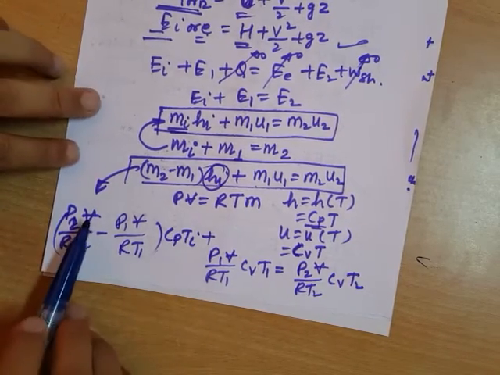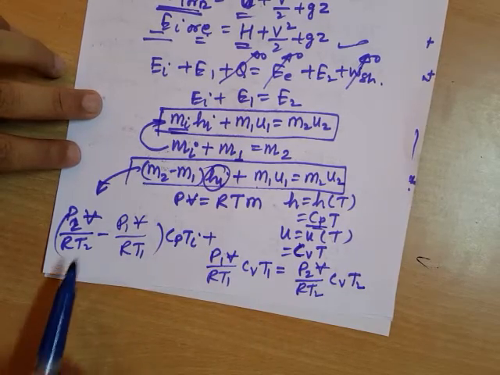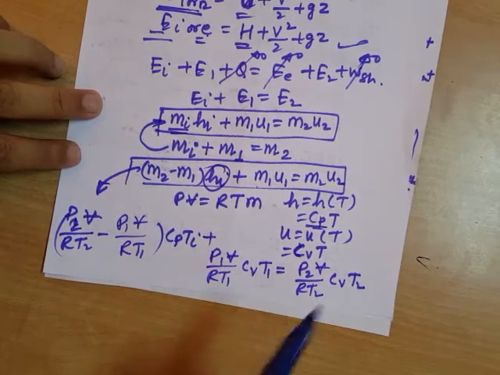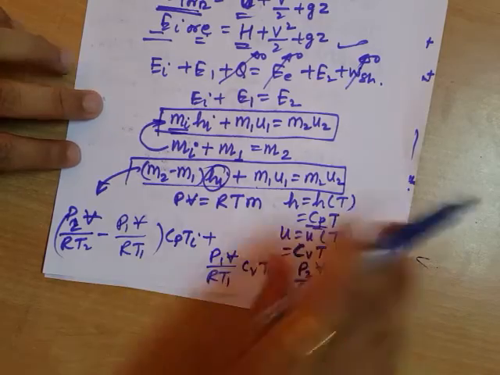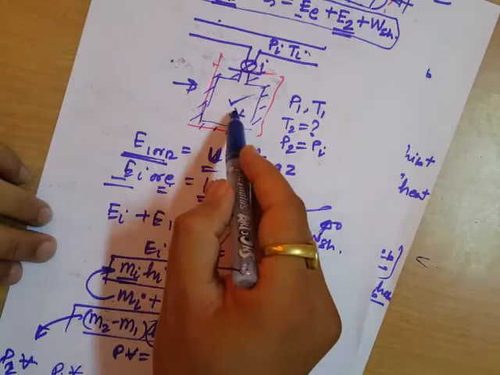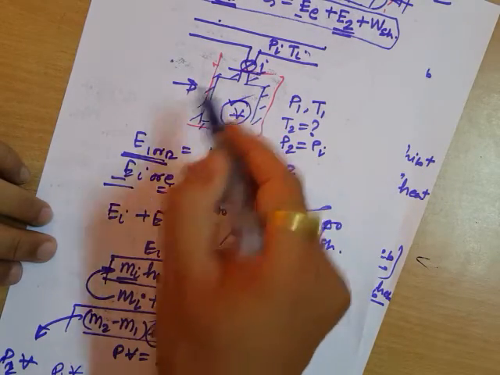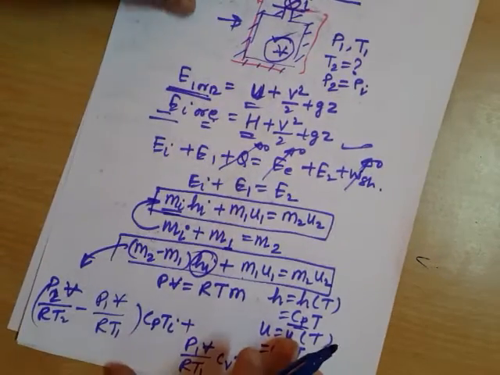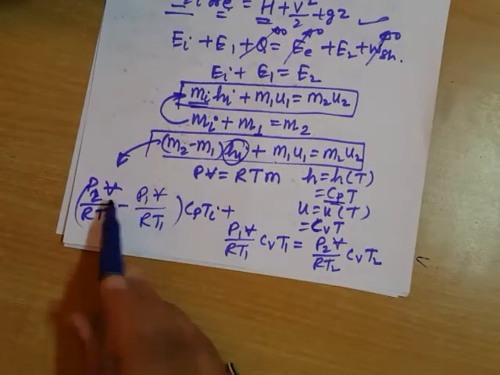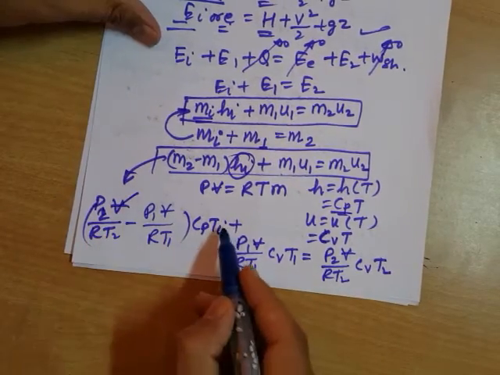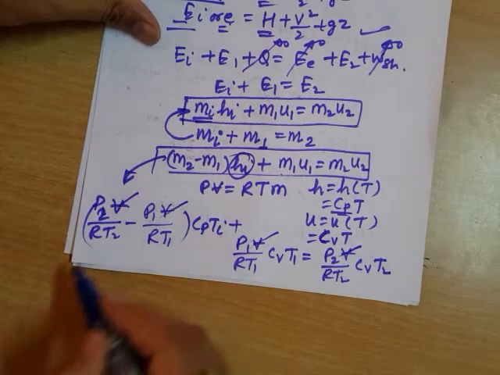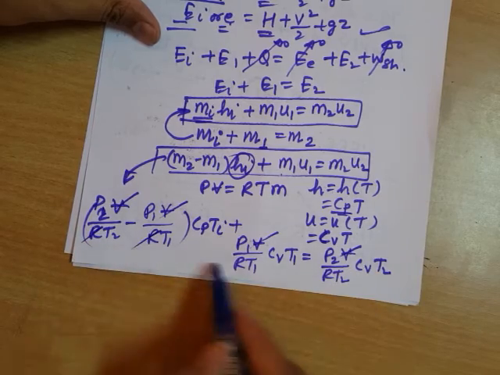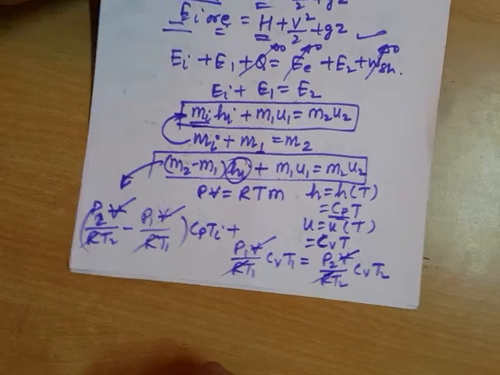Now the question is, why am I keeping this volume constant? Why am I not saying P2 V2, P1 V1 like this? The reason being, look here, this control volume is having volume V, which is not changing with respect to time. Hence, the volume will remain constant. That's why V. So this V will cancel out. At the same time, this R, which is the characteristic gas constant for this gas, will also get cancelled out.